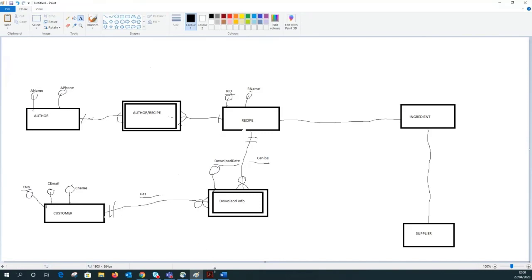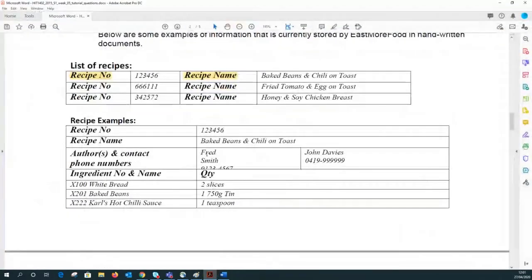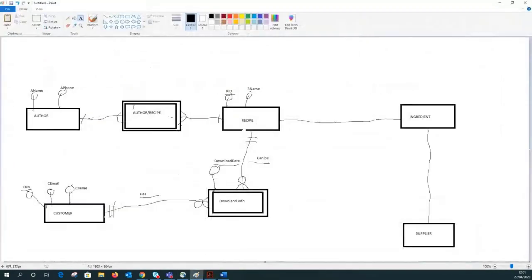Do we have any author IDs or anything here? They didn't mention any author IDs. So that means we probably need to rely on the author phone number as the primary key. So we have identified that.